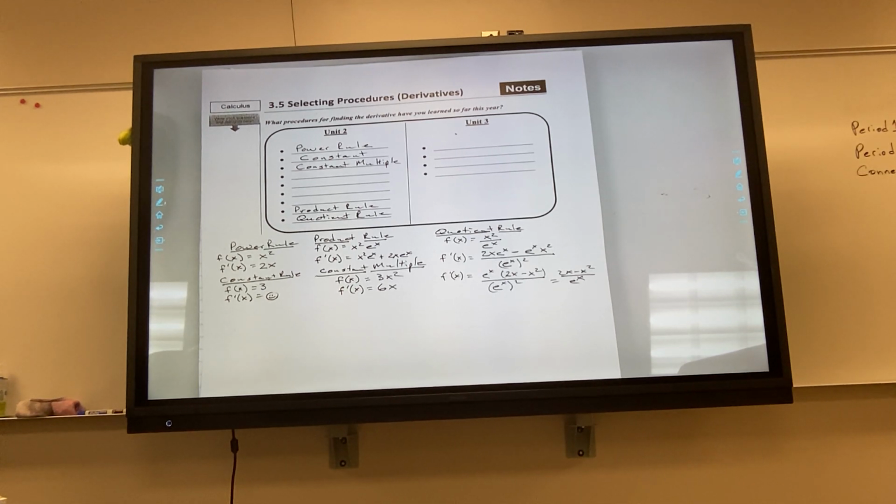Technically, the power rule is just a constant multiple, because we're multiplying the exponent times the coefficient, which in the power rule's case, as it's stated on there, unlike how we use it, is 1. Correct, I would agree. But we just all call it the power rule because it's easier, and because it uses the power rule. Right, plus I have to fill up space.